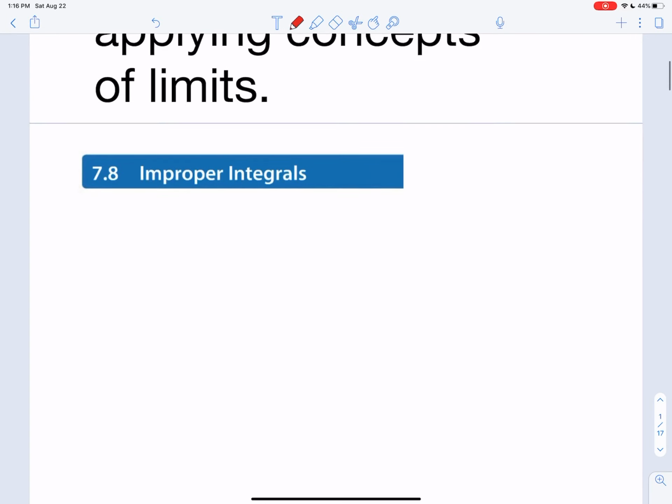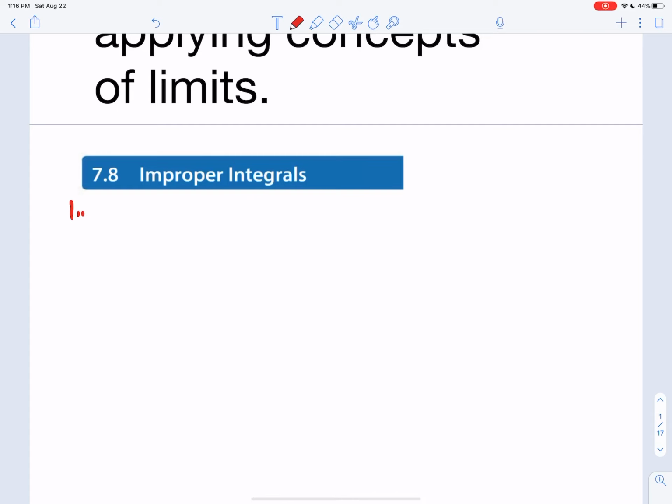So before we proceed, some things that I want to cover. Suppose we take the limit of something as x goes to infinity.